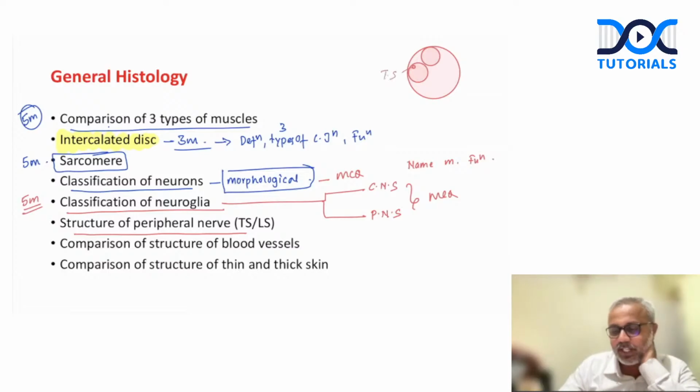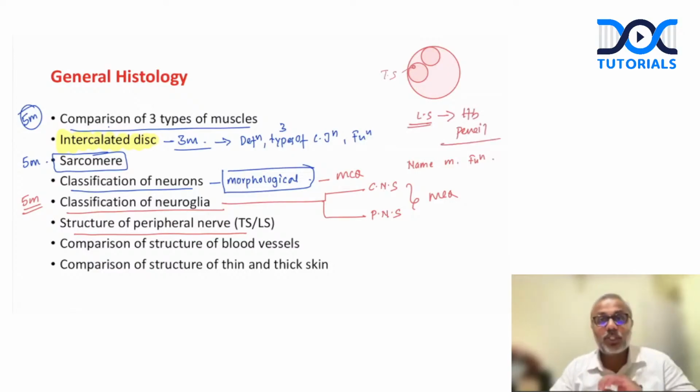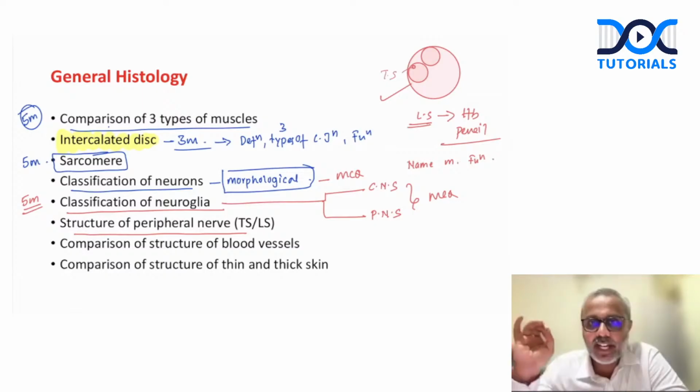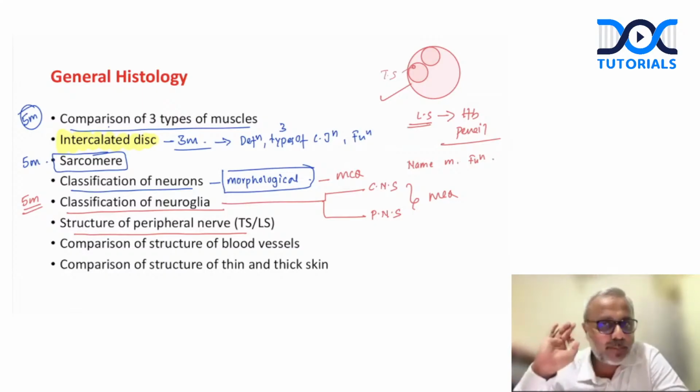This is, of course, the transverse section. Longitudinal section, if asked, you need to draw in HB pencil. We don't use H&E stain usually to demonstrate longitudinal section, right? A transverse section, a definite H&E diagram, but this, write it in your HB pencil.